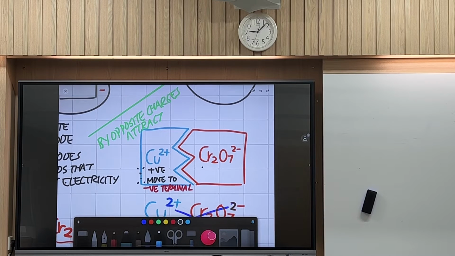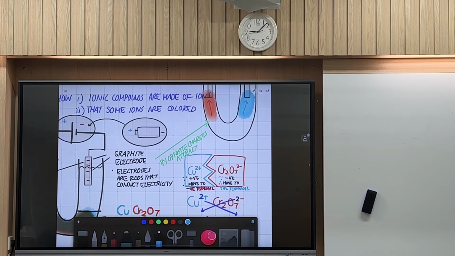Cr2O7 2-, because it is negative, will move to the positive terminal. This is what I mean by opposite charges attract. Is that clear? Yes. Okay?